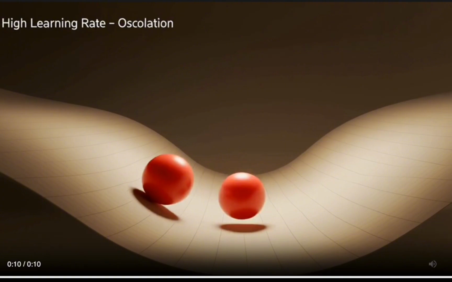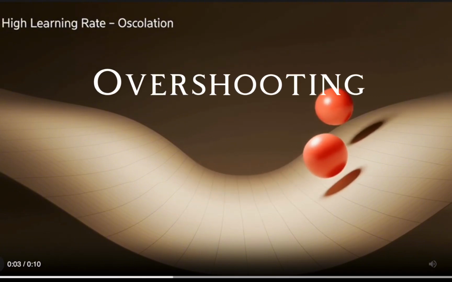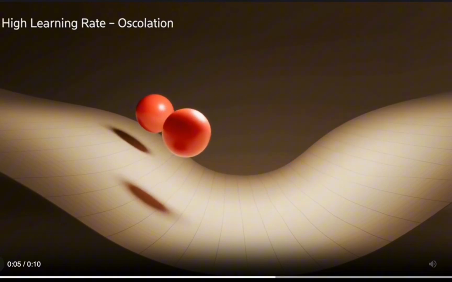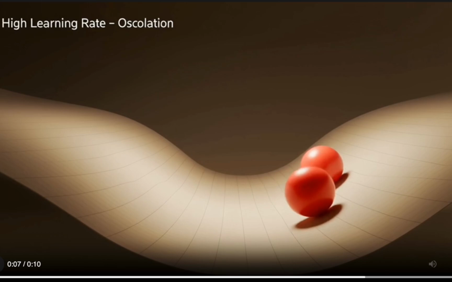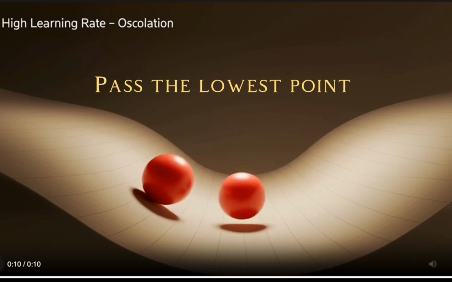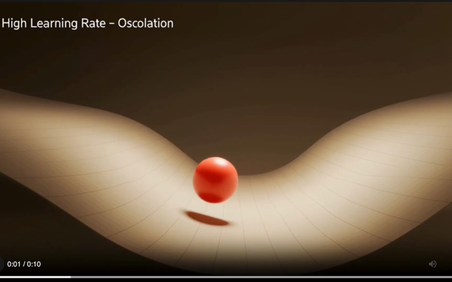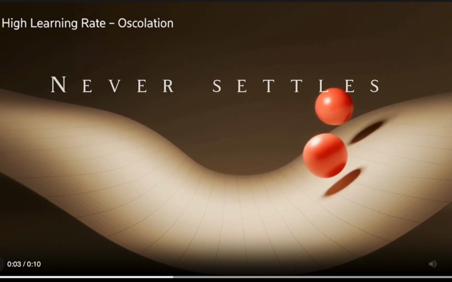I'm going to go over it again. When you jump too much, these things happen. The very first one is you overshoot the bottom, which means you're just passing up the bottom. Number two, you jump past the lowest point. Number three, you bounce back and forth, just like you see this ball bouncing. Number four, you never settle down.